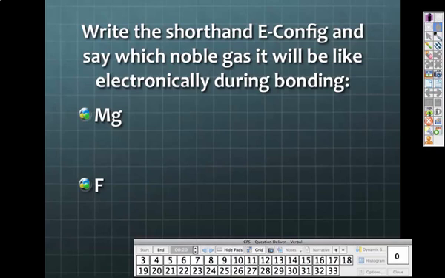We'll do magnesium first. So just the symbol for the noble gas, so either He, Ne, Ar, Kr, Xe, or Rn, that magnesium would be in the same isoelectronic series as. Nope, I want you to type in the symbol.